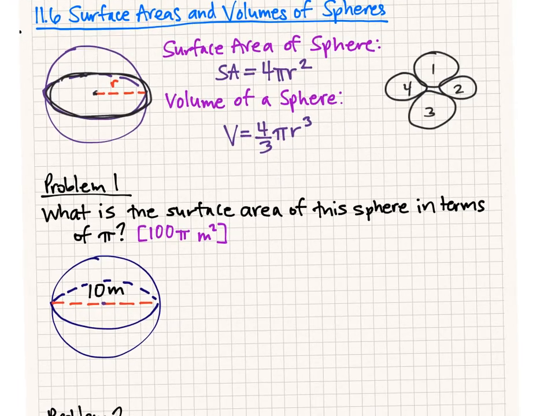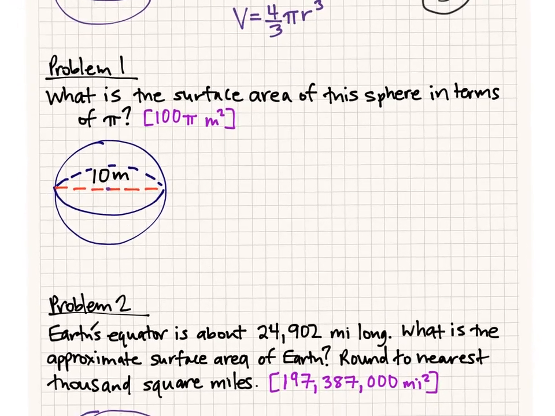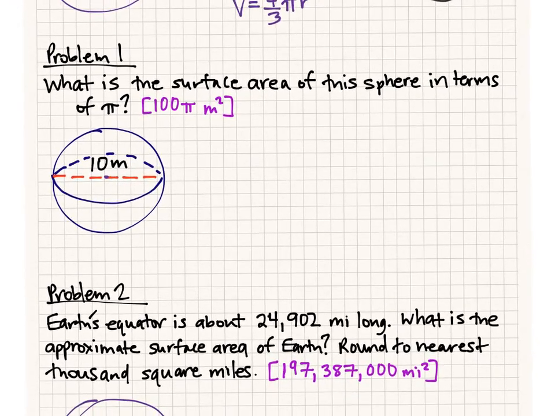So the first problem asks for the surface area of the sphere down here. This has a diameter of 10. So the radius is going to be 1/2 the diameter, which is 1/2 of 10, which is 5. So here my r is 5. And then the surface area is 4 times pi r squared.